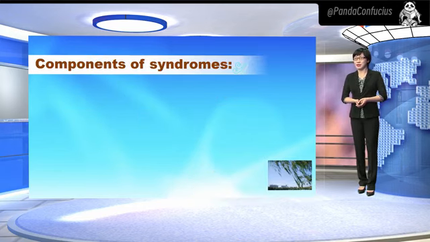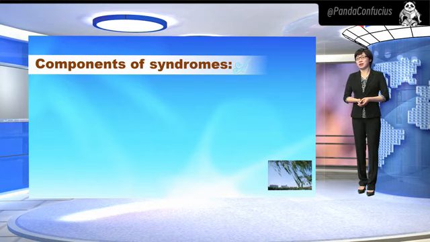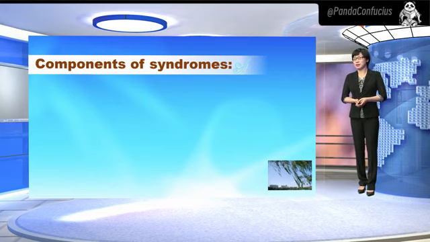In traditional Chinese medicine, a syndrome is not merely a collection of symptoms and signs, but comprises the following components: the location of pathological changes, the cause and pathogenesis of the disease, the nature of the syndrome, and the ability of the body to resist pathogenic factors.